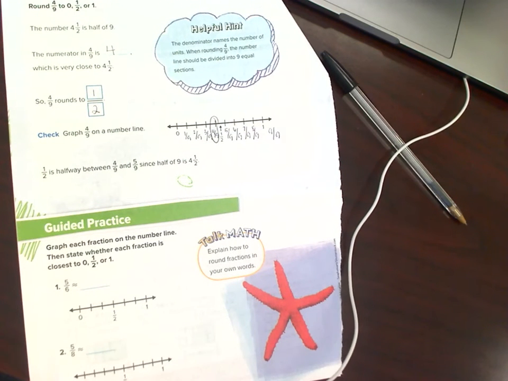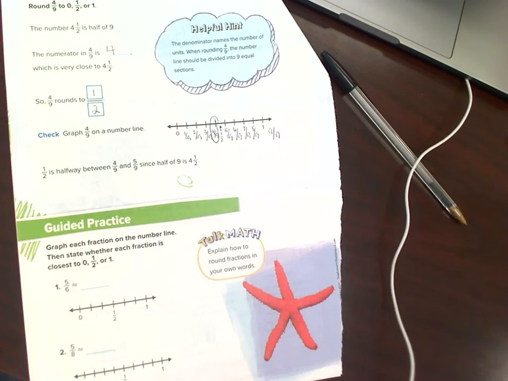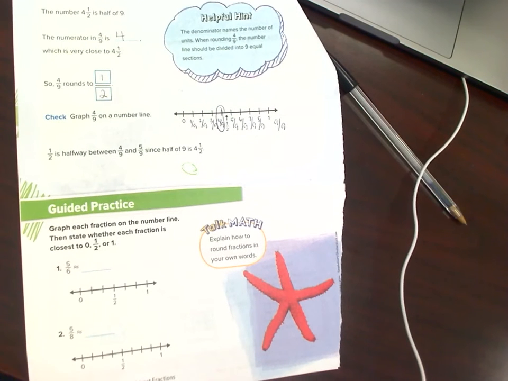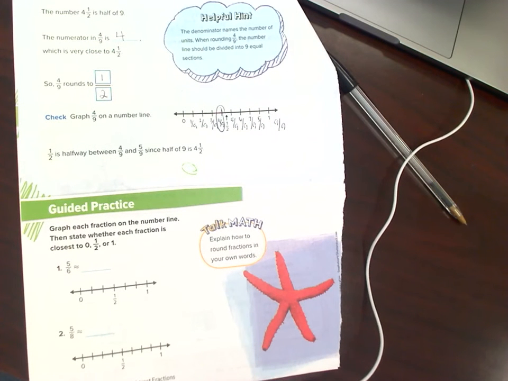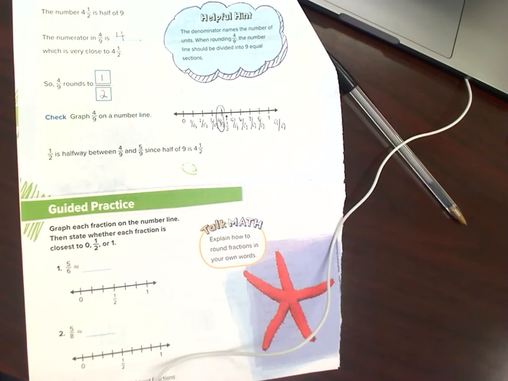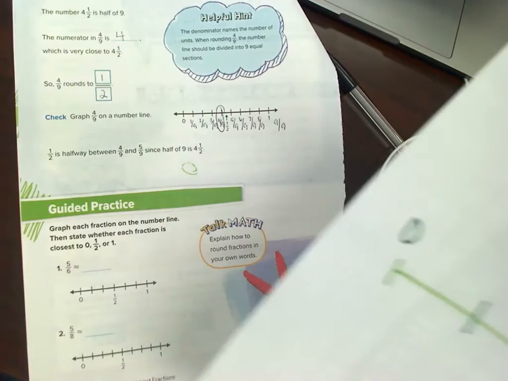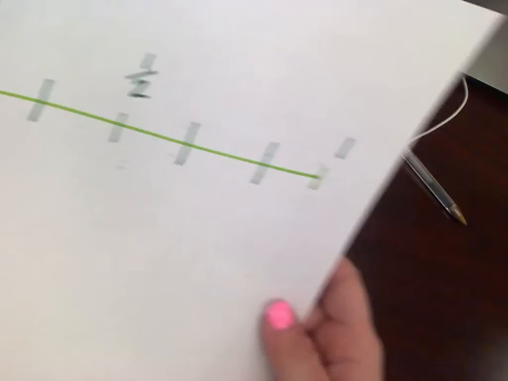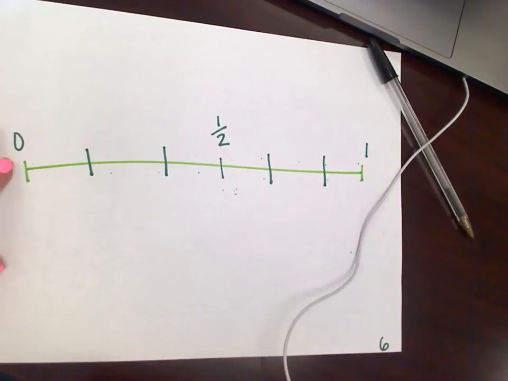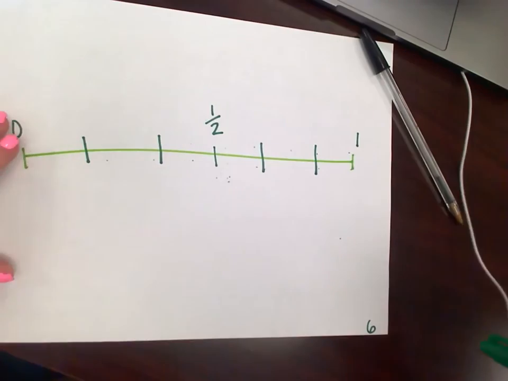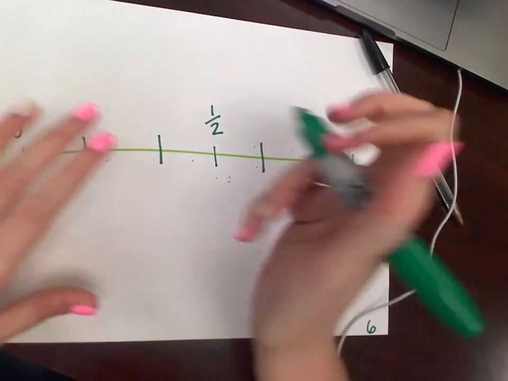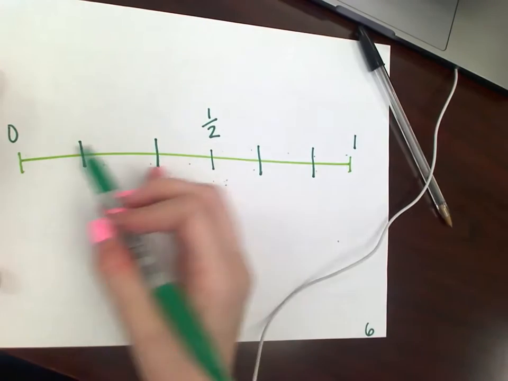Okay, let's look at our guided practice. I'm going to pull out my number lines again for this one, so they're nice and big and easy to see. It's asking me to graph the fractions on the number line and then state whether each fraction is closest to 0, 1/2, or 1. And our first one is 5/6. I made a number line that has 6 parts, 6 segments. First I have 0.